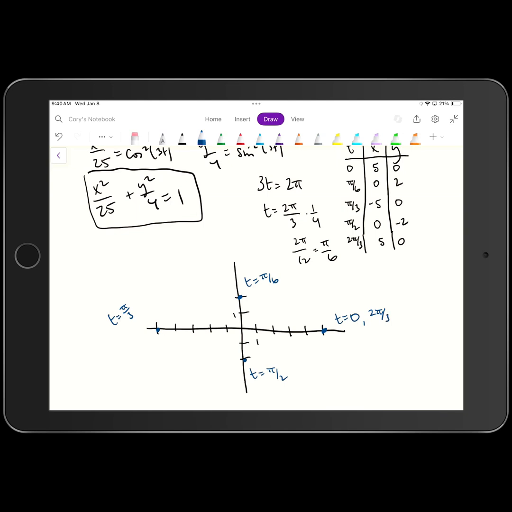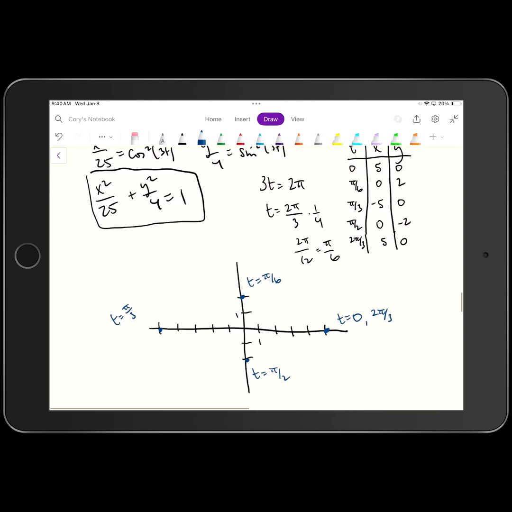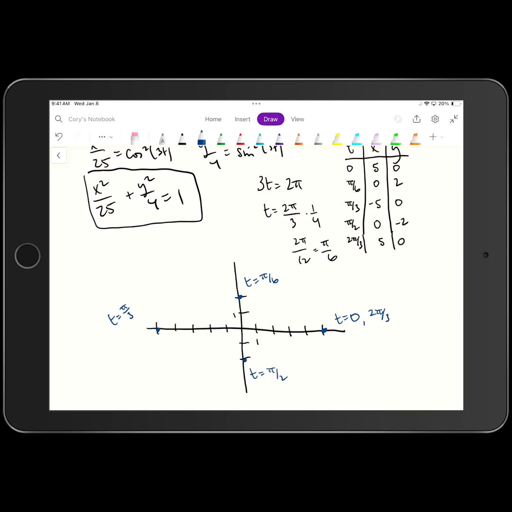And again, we know that the graph of this curve is elliptical, so I'm just going to draw an ellipse passing through those 4 points, like so. And the direction of motion here, once again, is going to be clockwise.